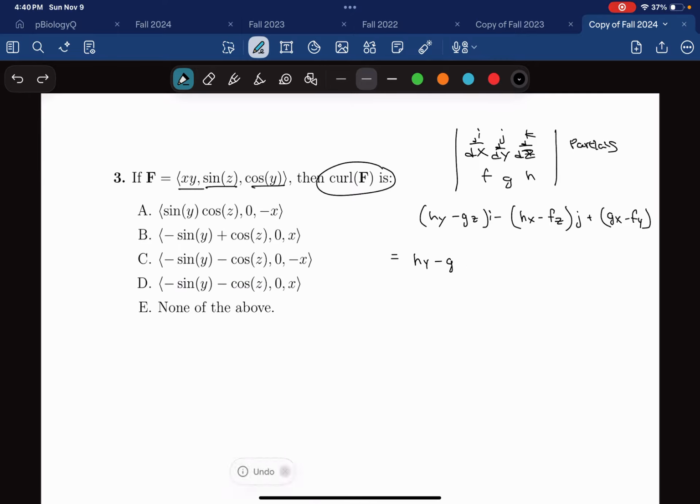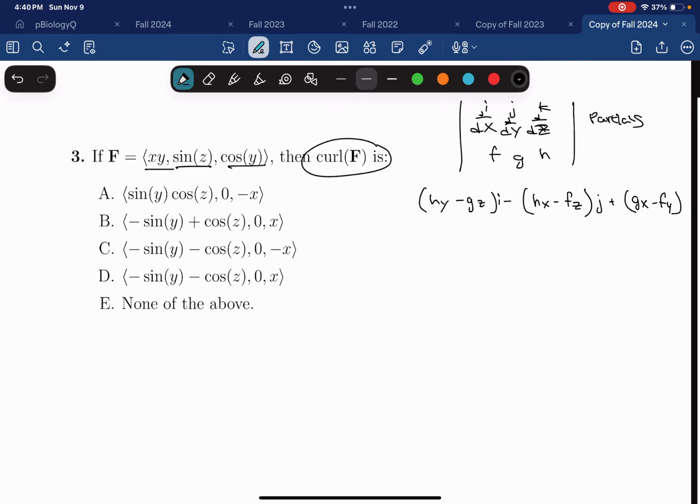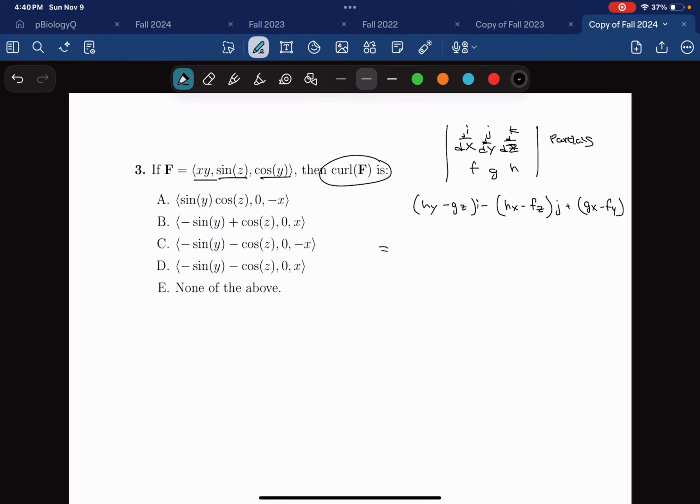Okay, so you set that up, and that's very cool. So now we gotta plug these in. These are f, g, h. So h of y would be equal to negative sine of y minus g of z, which is cosine of z.